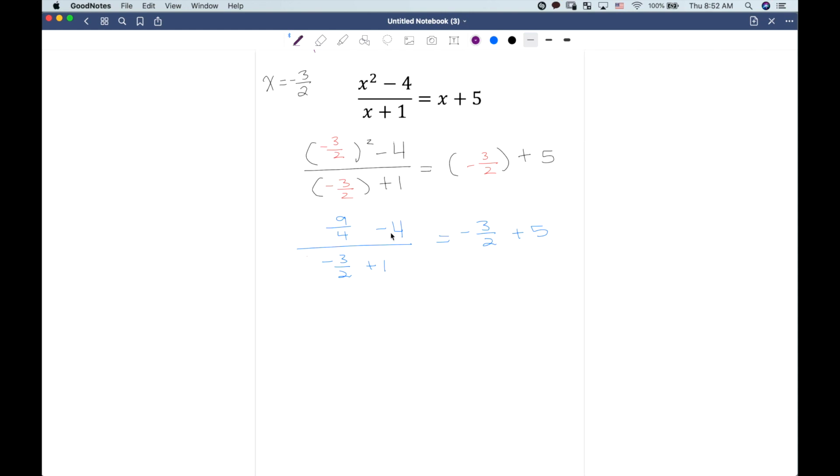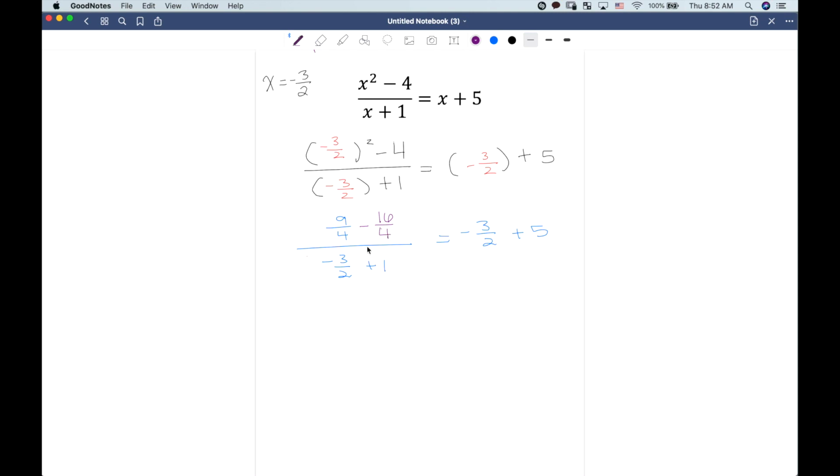So the 4, just put a 1 underneath, and I need to have the same denominator, so I'm going to turn the 1 into a 4 to match this one by multiplying the 4 to both numerator and denominator. So this is going to be negative 16 over positive 4. So it's negative 16 over 4.